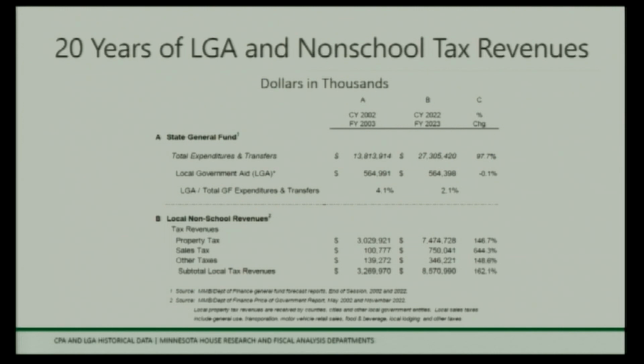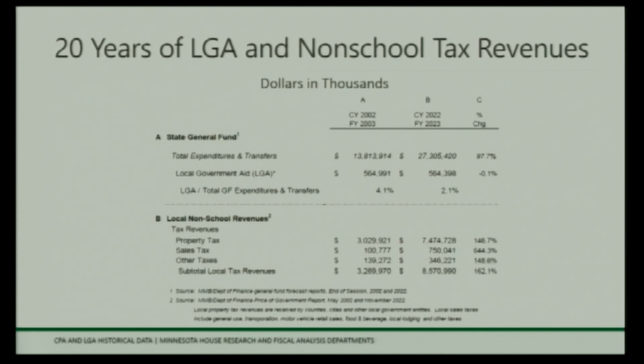Mr. Swanson's slide showed you the variation over that time period. And so as a component of the general fund expenditures, LGA has gone from about 4.1% reduced to 2.1%, which was the answer to your question.